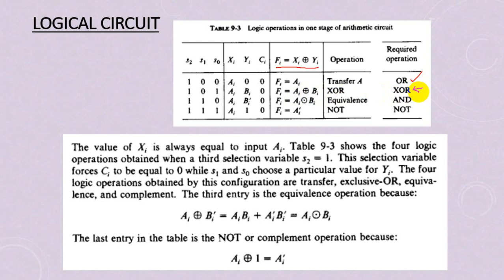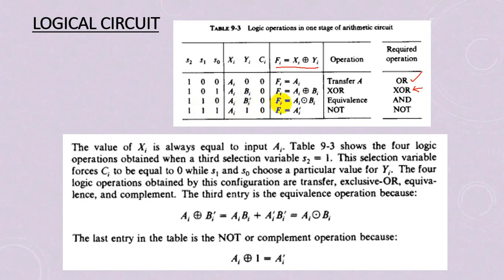Okay, third case. The third case is when the selection is 0 1 with X equal to unmodified A, Y equal to B bar, and carry in equal to 0.